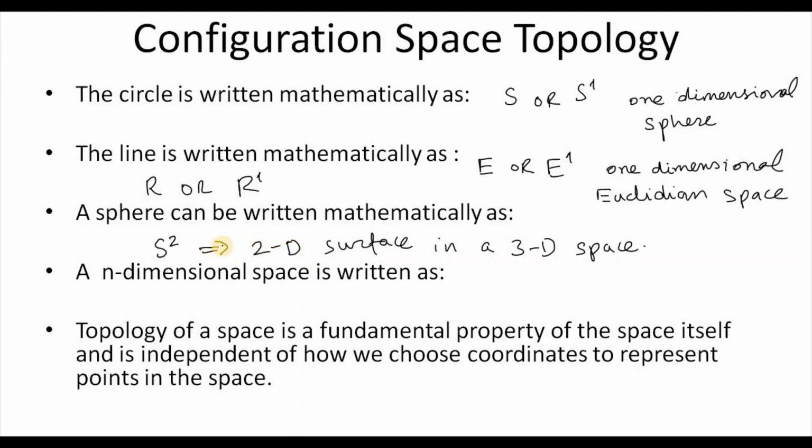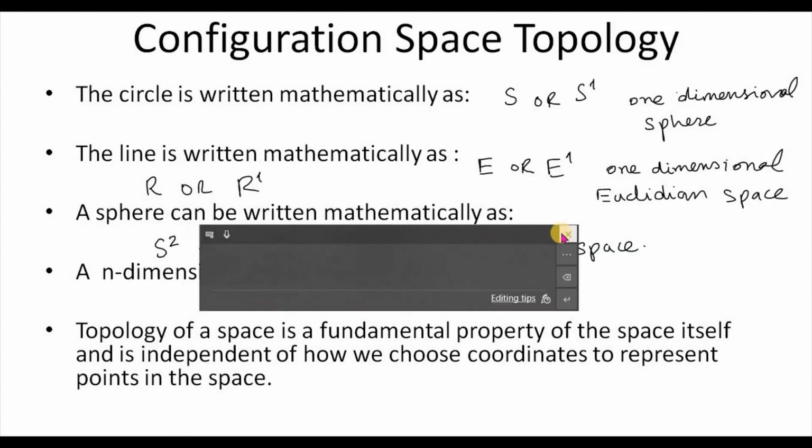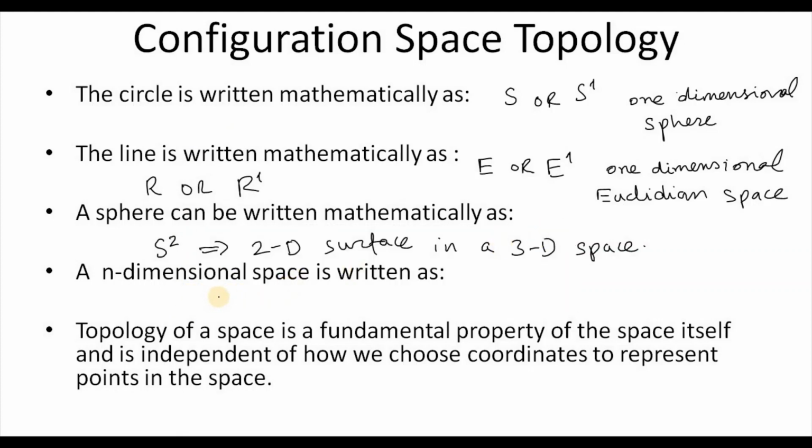This is how you write down a sphere. An n-dimensional space is written as R power n, which is a Euclidean space.